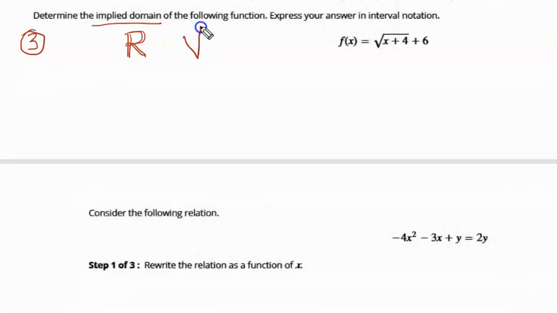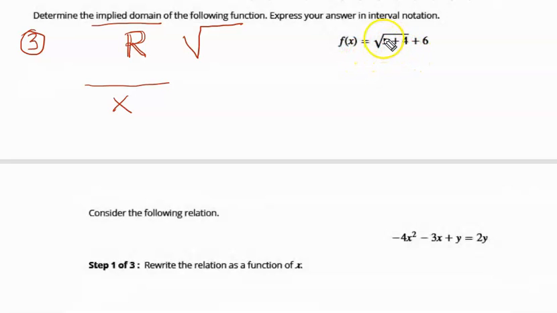If there's a radical sign in there, anything that would make the radicand negative would be excluded from that domain. And if there were a variable in the denominator, anything that would make that denominator 0 would be excluded as well, since that would not be a real number. It's undefined.